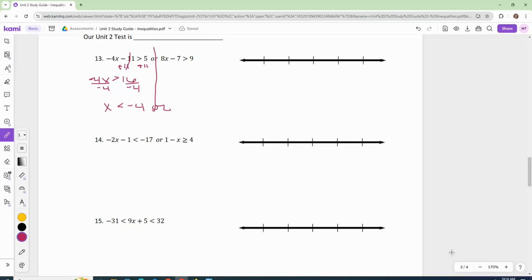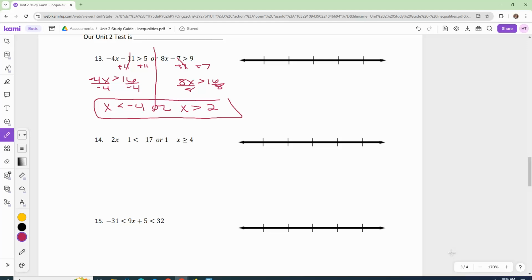Or, 8x is greater than 16. x is greater than 2. So that's my solution: less than negative 4 or greater than 2.